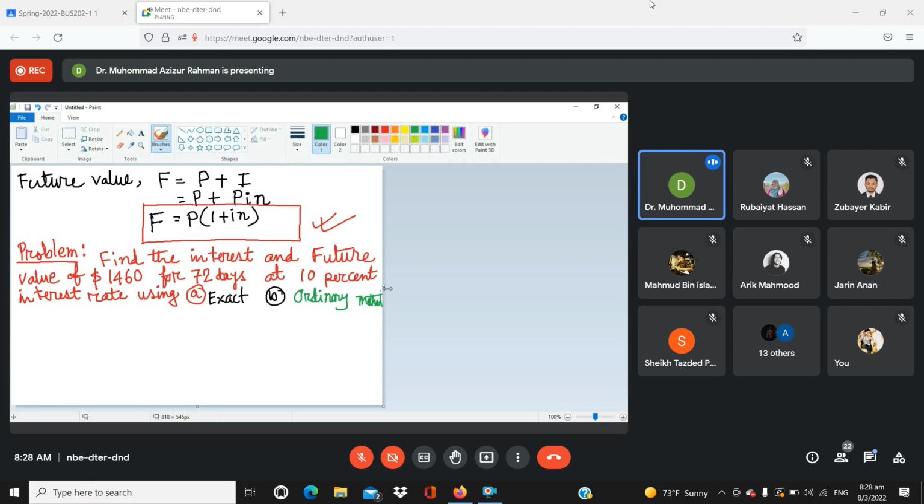So you are given one principal amount. Solution: given P, principal amount 1460, and interest rate is given, I equals 10%.